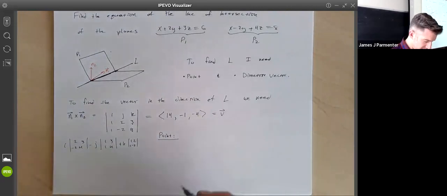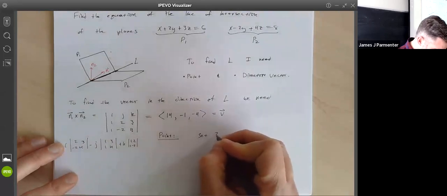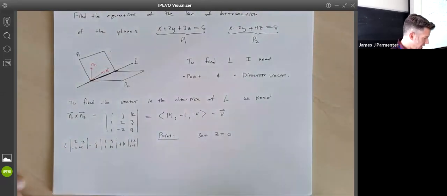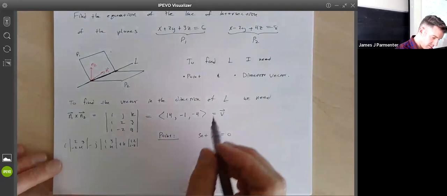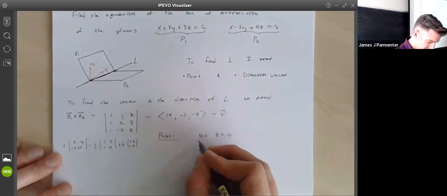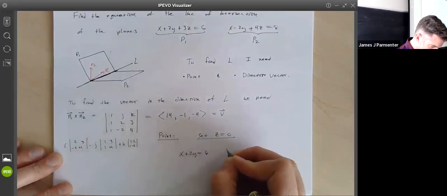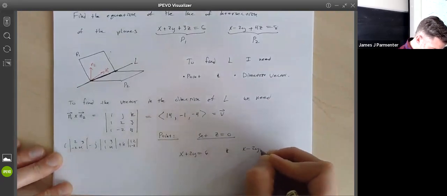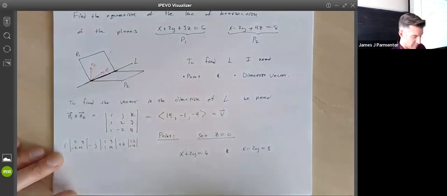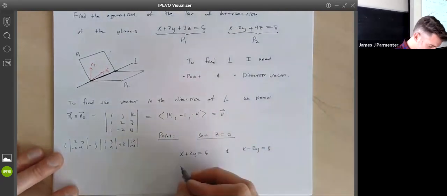So what I'm going to do is set Z equal to 0 and then solve for X and Y. I'm going to say, okay, X plus 2Y equals 6 and X minus 2Y equals 8. Great, I can solve both. I can really just add those together.